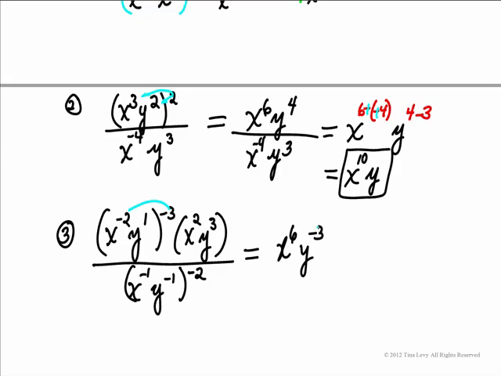And there's no more power out here, so I just write what I have here. X squared y cubed.